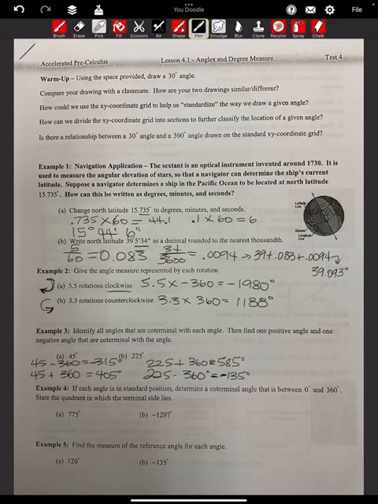So you're going to have a negative answer and a positive answer for most of our problems. Sometimes they'll both be positive or both be negative if the number's low enough. But how big it gets just depends on what degrees we have. And for this part, we won't go over 360. All right, so now we do the same thing for B. 225, we're going to add 360 and get 585.